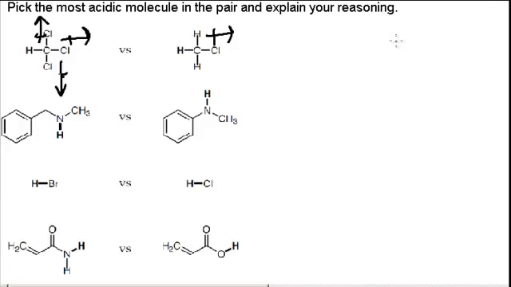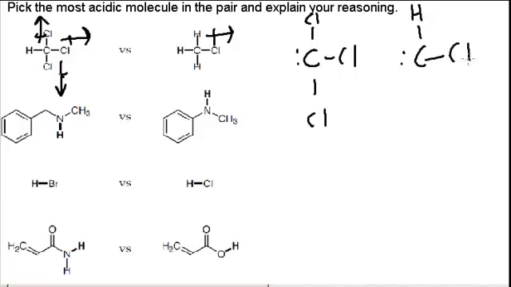So the conjugate base of the left-hand drawing, which has 3 chlorines attached, and then the conjugate base of the right drawing, which only has 1 chlorine attached.